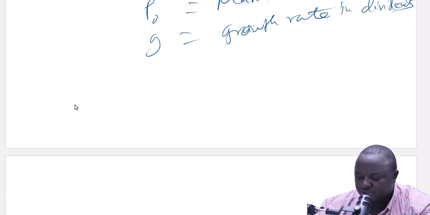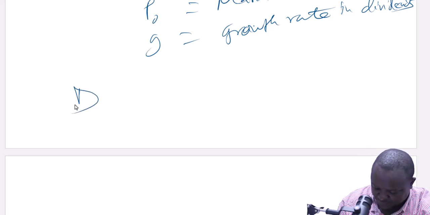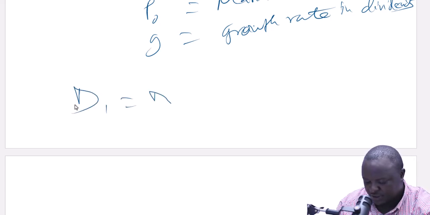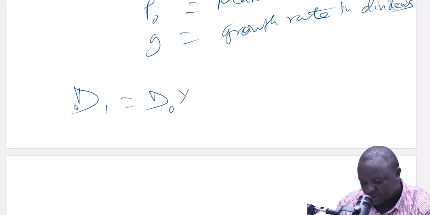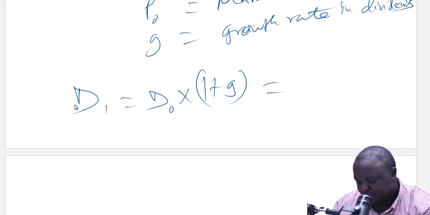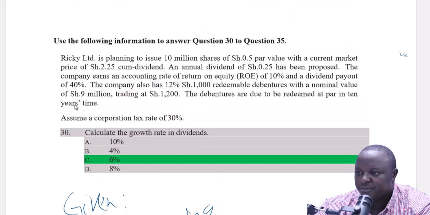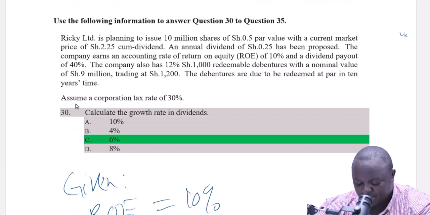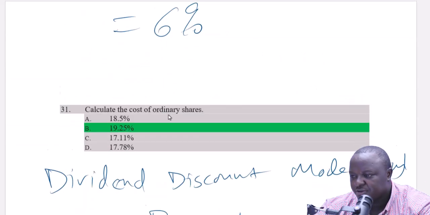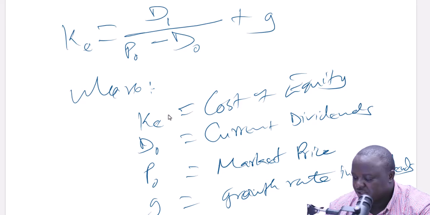So for us to get D1, D1 equals D0 times 1 plus growth rate. D0, from the question, our current dividends, is 0.25.